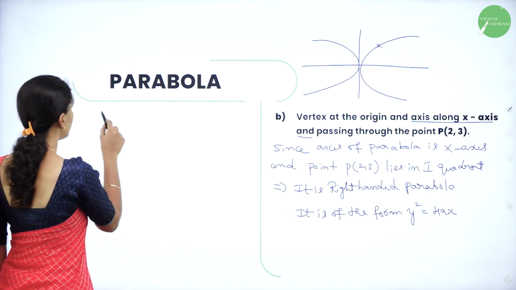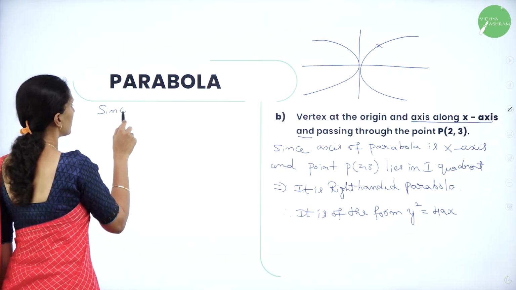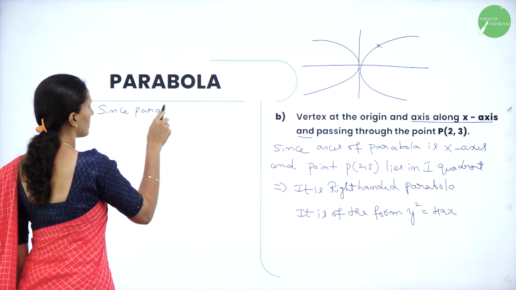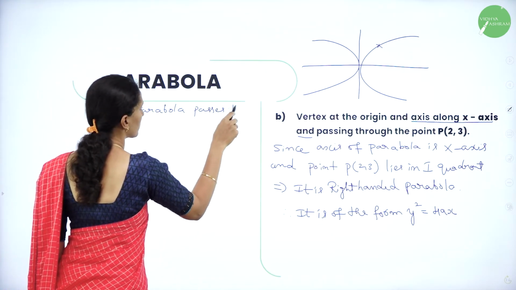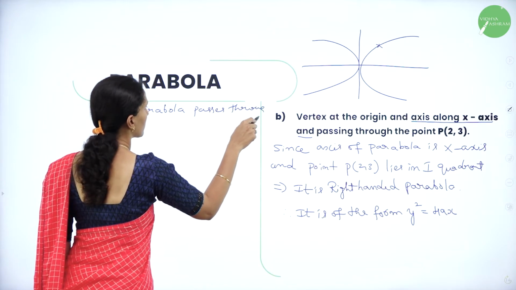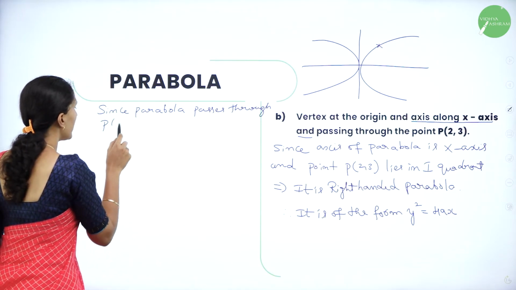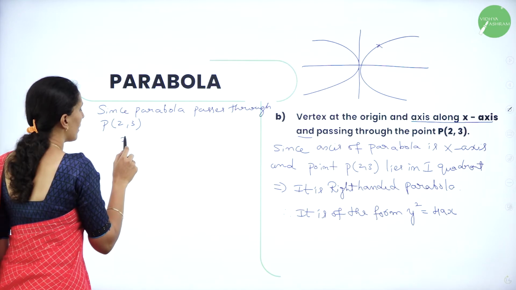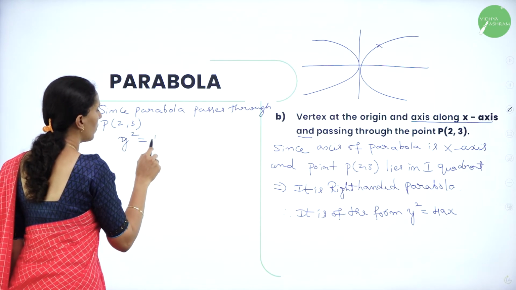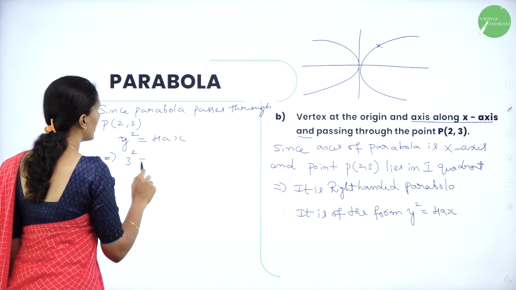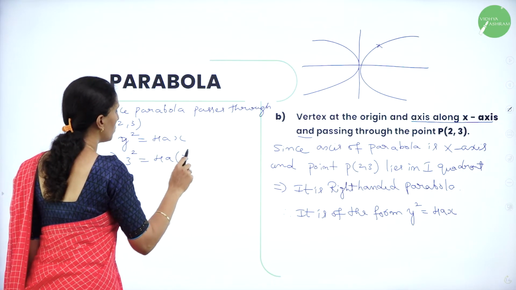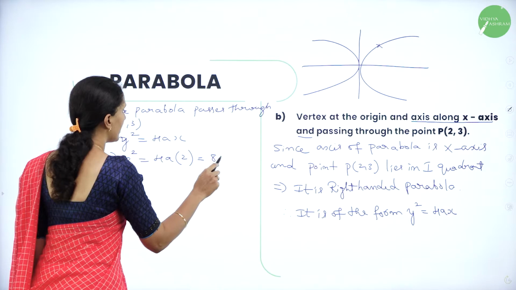Now since the parabola passes through P(2, 3), y square is equal to 4ax implies 3 square is equal to 4a into 2, which is 8a.